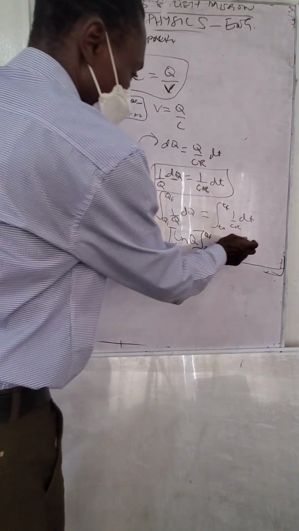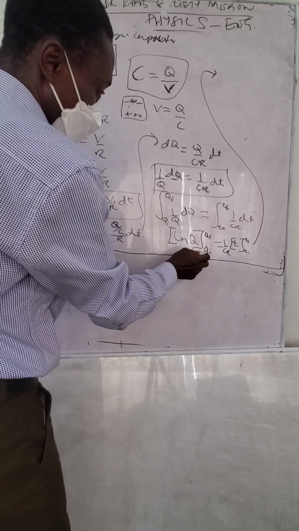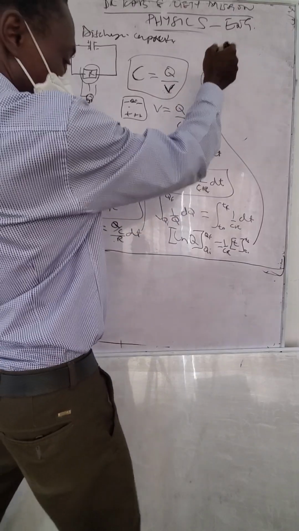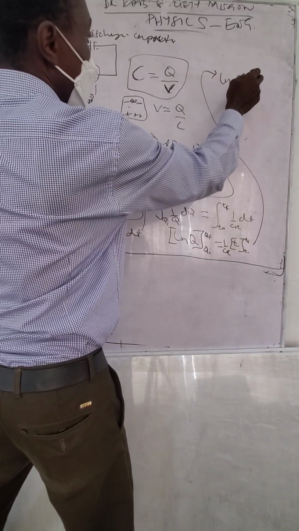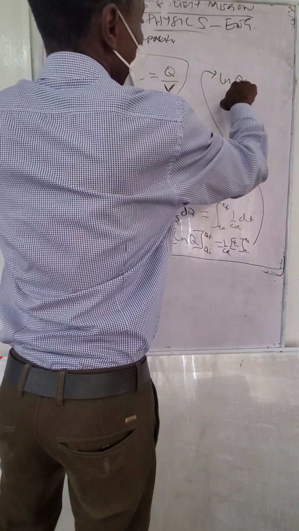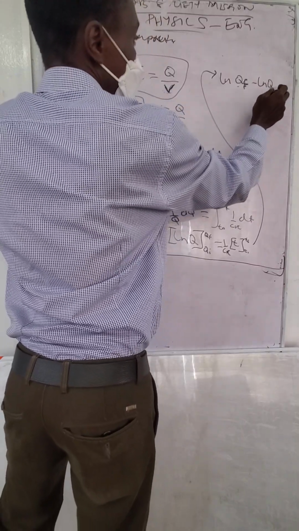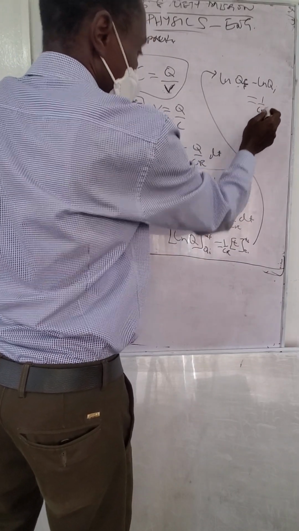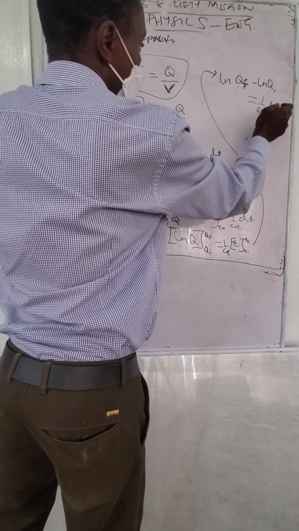Now from here, we can simplify this one. Let's say q initial is 0, or let's put in the values by the same formula. We have natural log of q final minus natural log of q initial is equal to 1 over CR times t, because time starts from 0 to t final.